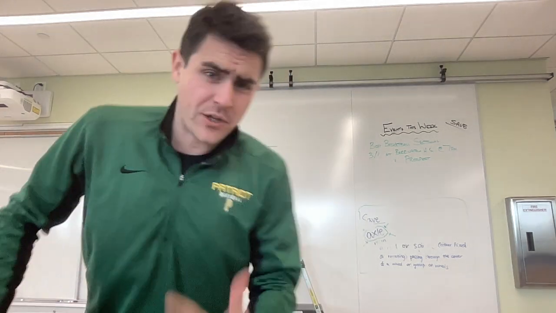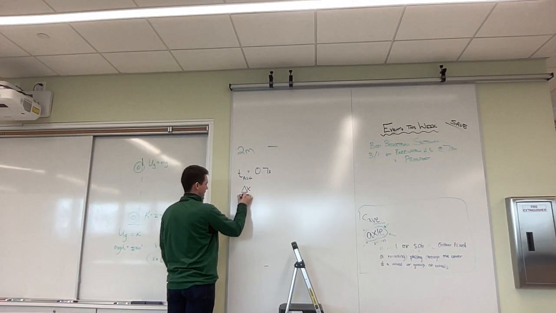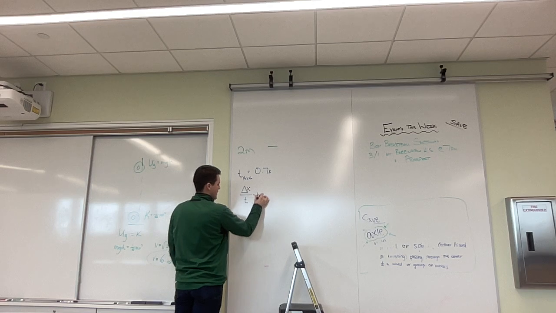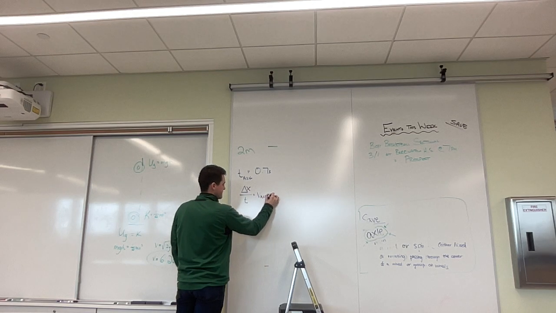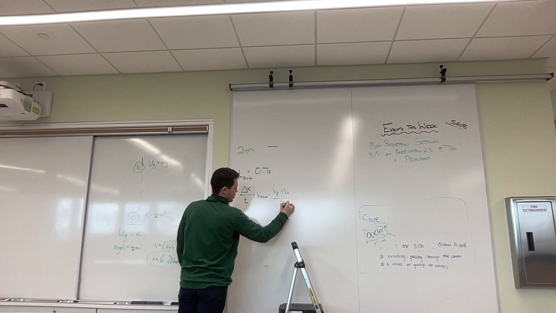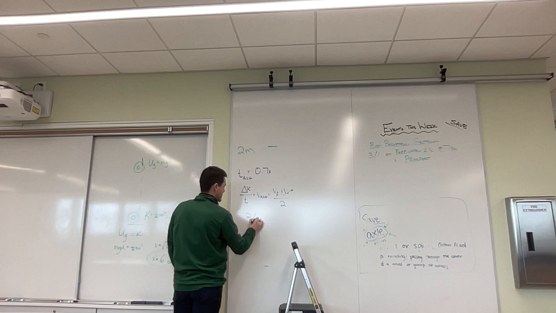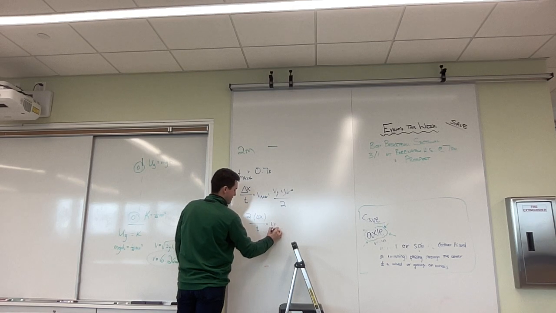So to calculate the final velocity, we can use our average velocity formula, where change in position over time is my average velocity, and average velocity is final plus initial over 2. Initial is 0. So I end up with 2 times change in x over time, that's final velocity.